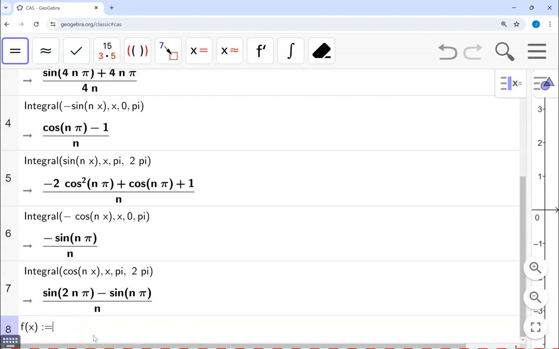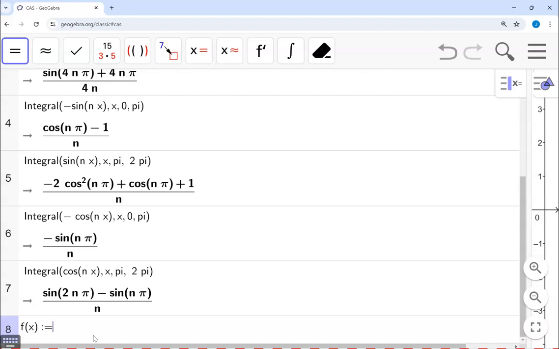All right, to get this, at least from my experience with GeoGebra, if I'm in my computer algebra system window and I want it to graph the expression that I have, I need to define it as a function. So I've typed in f of x here, and then to tell GeoGebra I really want to define this as a function, I use a colon equals in there. So right now what I've typed in is f of x colon equals this thing.